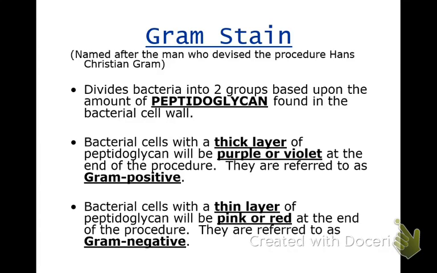Okay, a gram stain divides bacteria up into 2 main groups, and those 2 main groups are gram-positive or gram-negative. If an organism is gram-positive, it's going to have a thick peptidoglycan layer. And if an organism is gram-negative, it's going to have a thin peptidoglycan layer.